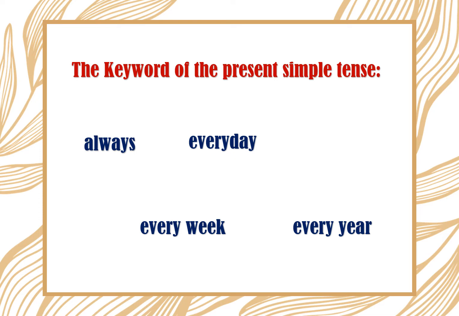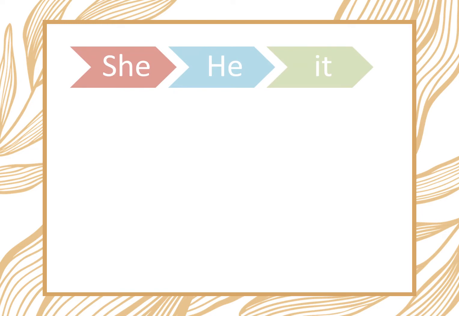So when we see these keywords, we directly know that we are going to choose the verb in the present simple tense. In the present simple tense, we are going to use the verb in different cases.